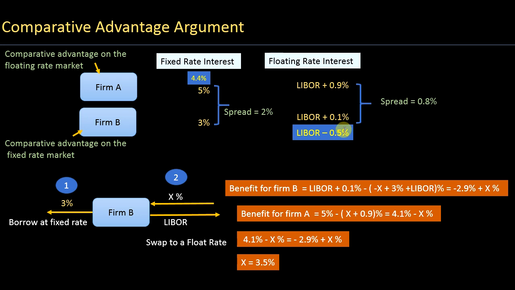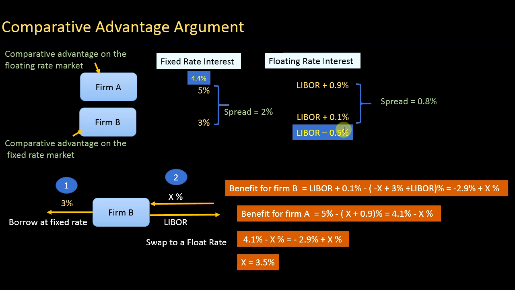So the comparative advantage argument tells us that by borrowing in the rate where a particular firm has a comparative advantage, and then swapping those rates by entering into an interest rate swap, a firm can save on its borrowing cost.